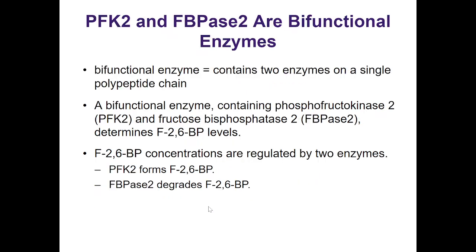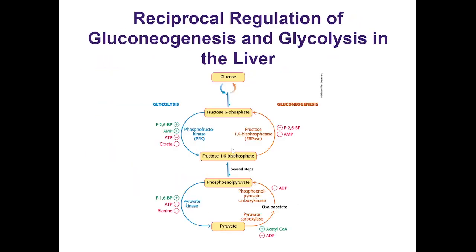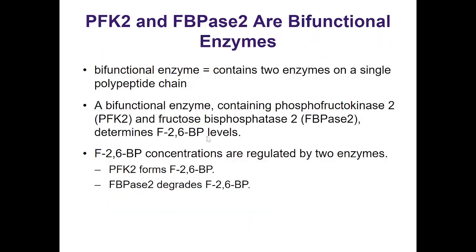So the bifunctional enzyme is going to contain two enzymes on a single polypeptide chain. Bifunctional enzyme containing the phosphofructokinase 2, which is PFK2. Note, by the way, PFK, PFK2. And the fructose bisphosphatase 2, this is the FBPase2.